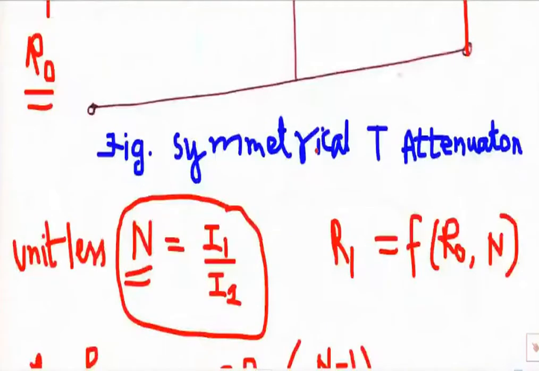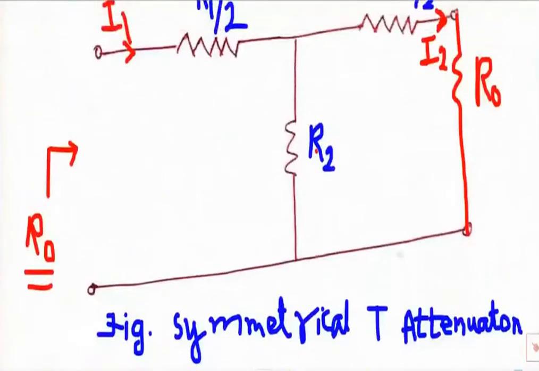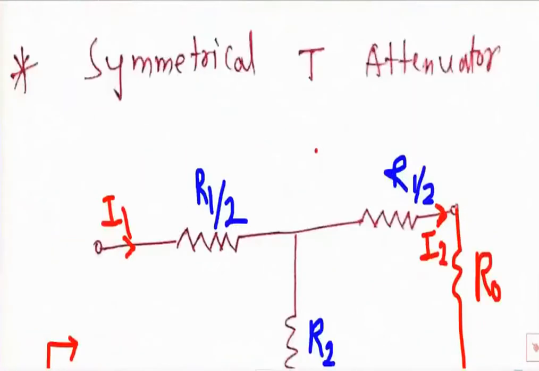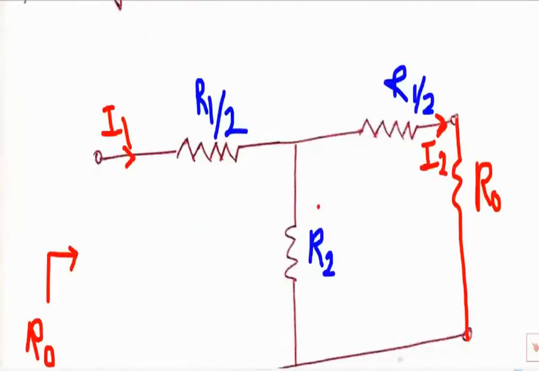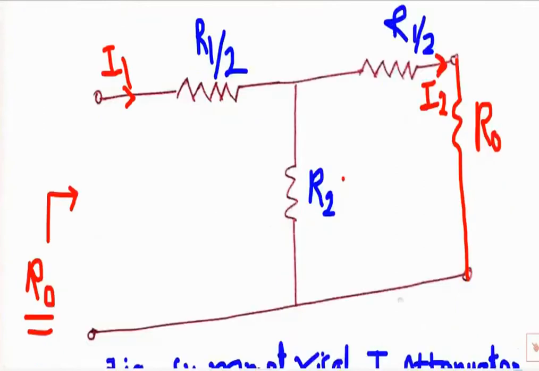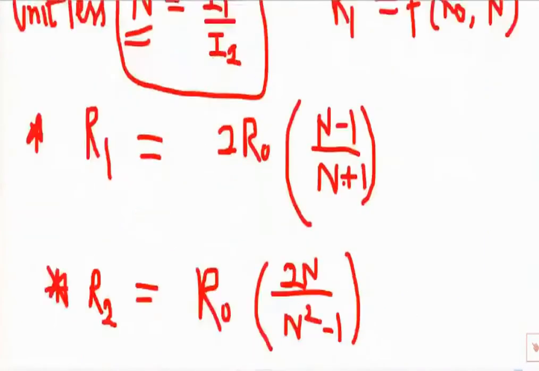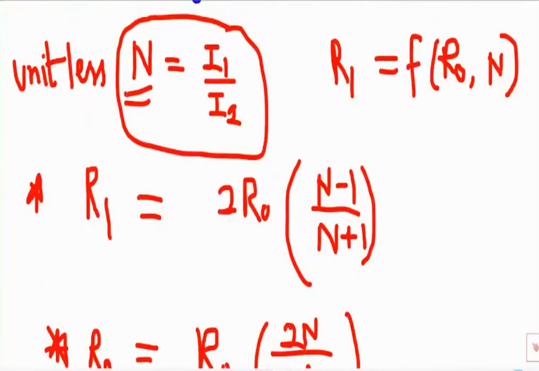Anyone any difficulty? Which topic are we learning? We are learning attenuators. The first attenuator is the symmetrical T attenuator. This is the standard diagram of the symmetrical T attenuator. By doing the derivation, we derive the formulas for R1 and R2. We have introduced one new term in attenuators, capital N, which is nothing but I1 by I2.